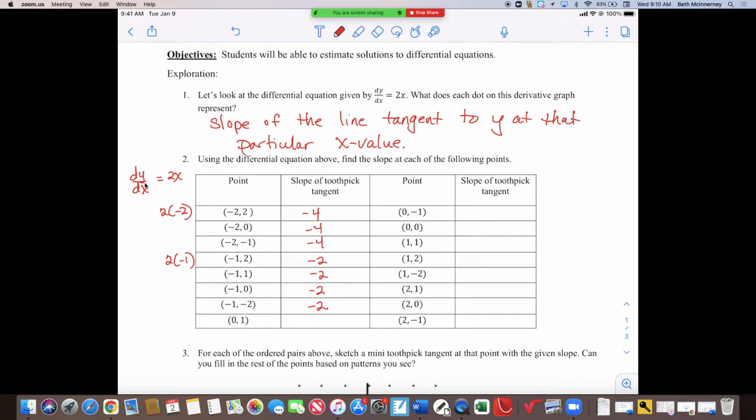All right, let me give you a brief head start and go ahead and fill in the rest of the table. So you should get 0, 0, 0, 2, 2, 2, 4, 4, 4.